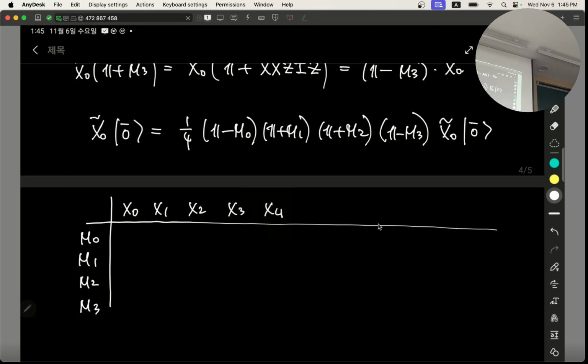There are 5 qubits, so all the possible errors that could occur on each qubit are x0 to x4, and there could be a z error on each qubit also: Z0, Z1, Z2, Z3, and Z4.